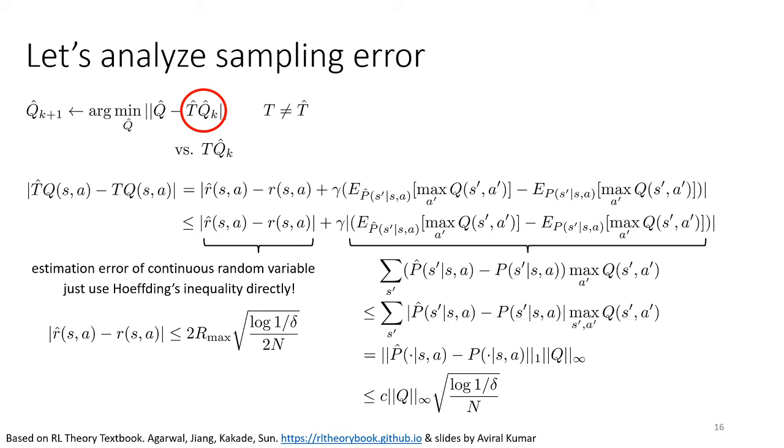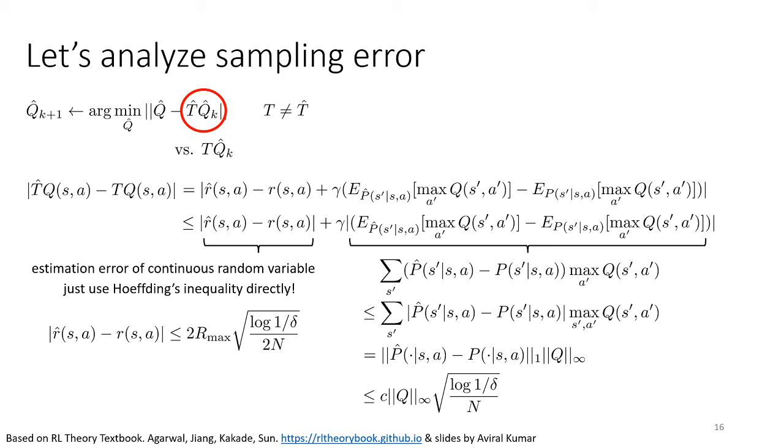So that's basically going to use that concentration inequality for estimating categorical distributions. And therefore, this is bounded by some constant times the infinity norm of q times the square root of the log of 1 over delta divided by n. So again, it scales as 1 over root n, and there's some constant that comes from the dimensionality and so on, and the infinity norm of q.